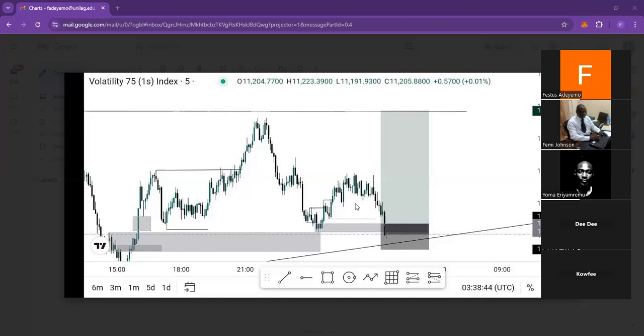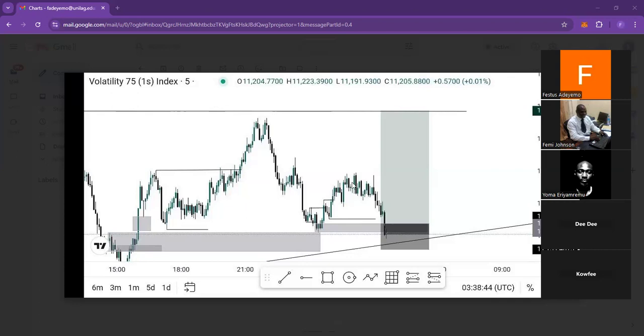That means the market repeats itself in a kind of pseudo pattern, like a curve, if you're a mathematician. It keeps going up and coming down, and you keep seeing similarities in the way the market behaves. So whatever has happened here has repeated itself here, giving us an equal low, and we start seeing a break of structure again to the upside.